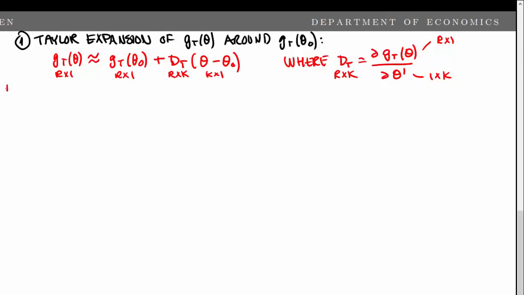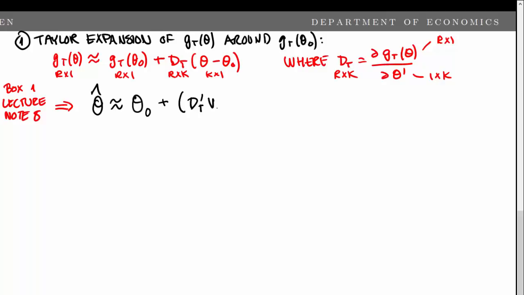In box 1 in lecture note 8, we show that we can use the Taylor expansion to derive an expression for the GMM estimator that is approximately equal to the true parameters plus a sampling error given by (D_T prime W_T D_T) inverse D_T prime W_T, the sample moments evaluated in the true parameters.